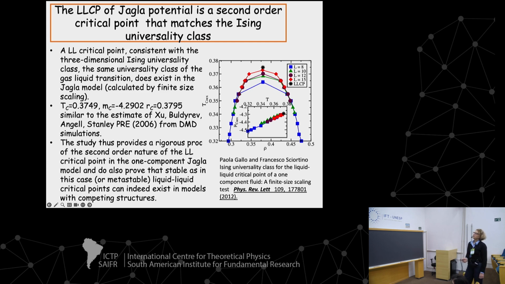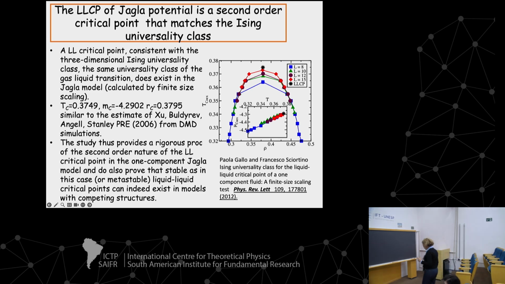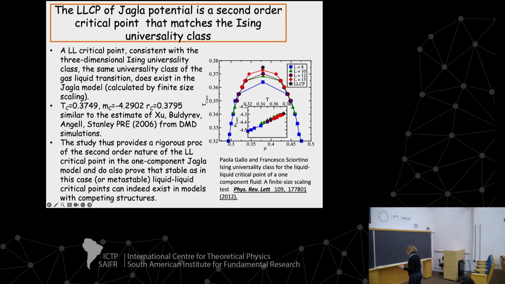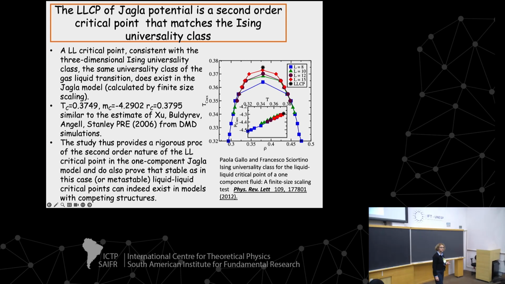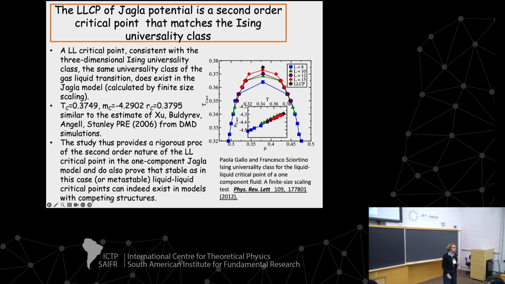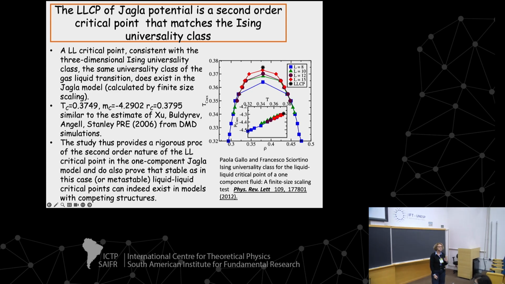And here I want to make an important point. Do you remember my seminar, when I showed you that we did an estimate of the location of the critical point through the crossing of isochores plus other indicators that I will show you? Okay, this is an estimate, it's not a rigorous location, and according to someone it was not even a rigorous proof.